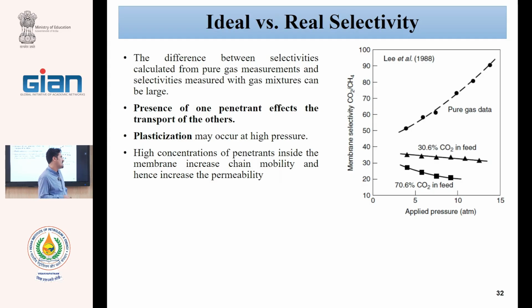It is better we use the mixed gas for true data. For report of the barrier, we use the pure gas, but for report of the selectivity, it is better we use a mix of gas.